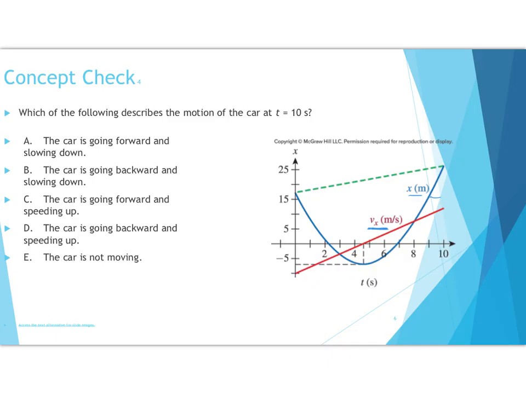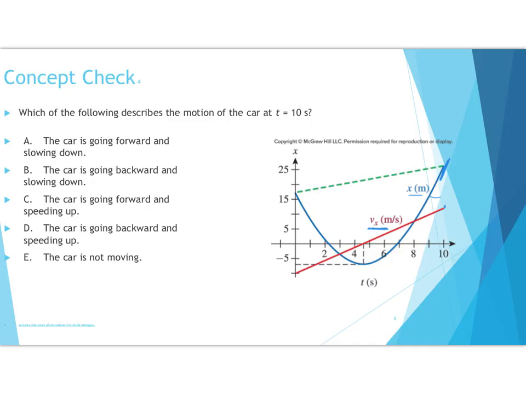The question that they ask is, which of the following describes the motion of the car at t equals 10 seconds? 10 seconds is at the end, and so we're looking here or here, depending on what we want to get. If we look at the question, we can sort of narrow it down using either one of the graphs.